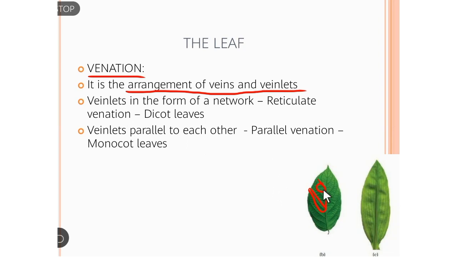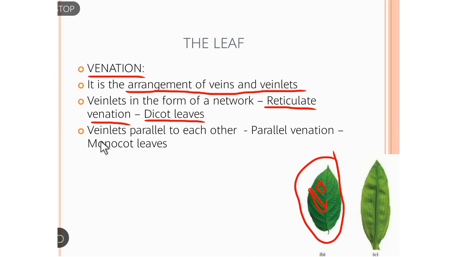Now if the veinlets are in the form of a network like in this particular leaf, it is known as a reticulate venation, which means the veinlets are in the form of a network. Now this reticulate venation is generally seen in dicot leaves.